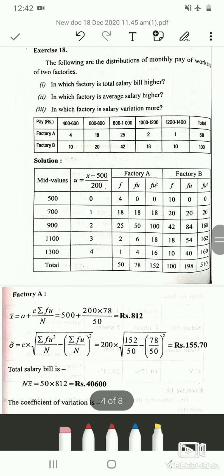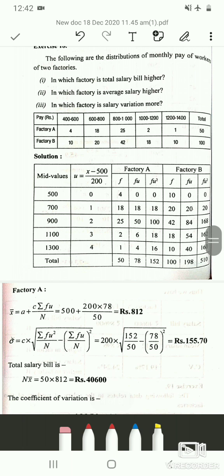So the next problem is, the following are the distributions of monthly pay of workers of two factories. They have asked three sub questions. The first sub question is, in which factory is total salary bill higher? The second sub question is, in which factory is average salary higher?